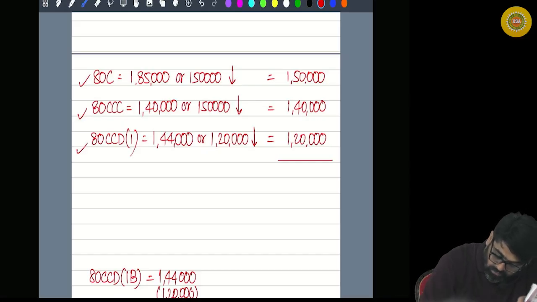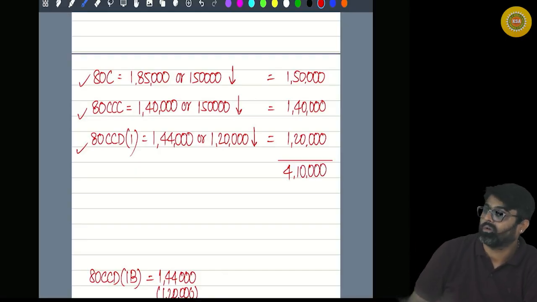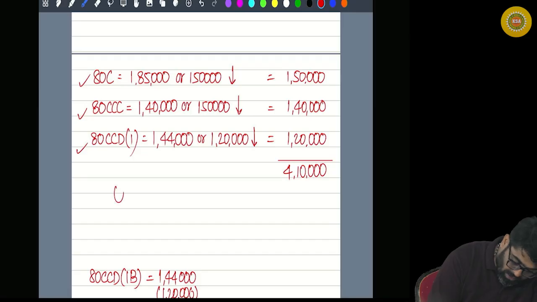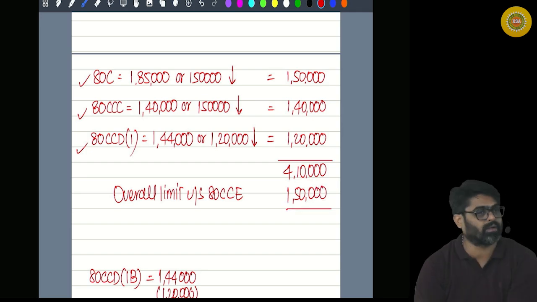Tell me how much total? 4,10,000. Total is 4,10,000, no? Will be subjected to overall limit of 1,50,000 given under 80CCE.